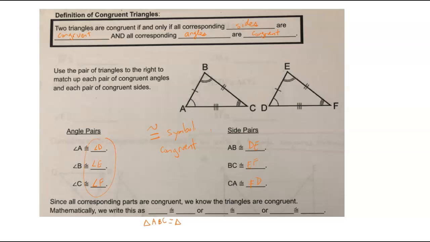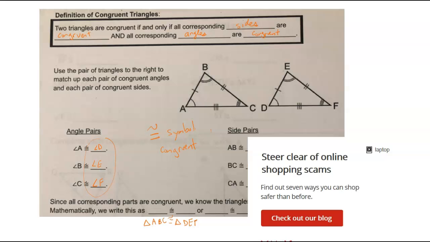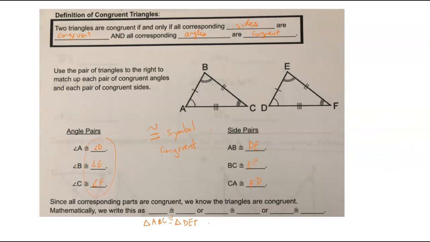So A goes with D, B goes with E, and C went with F.